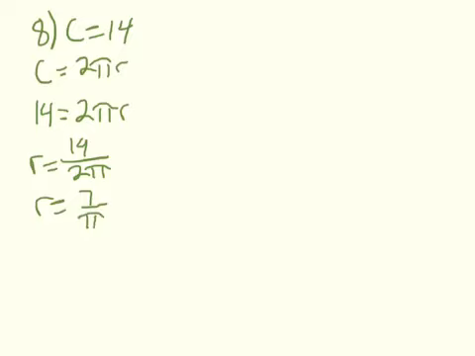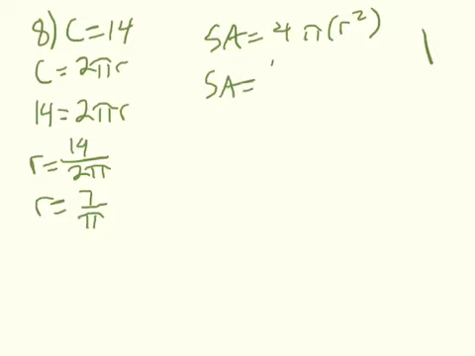From there, we just plug it into the other equation for surface area equaling 4 times pi times radius squared. In this case, surface area equals 4 times pi times 7 over pi, squared.